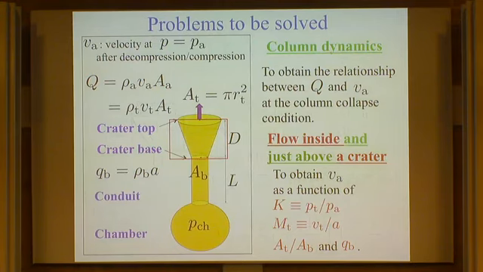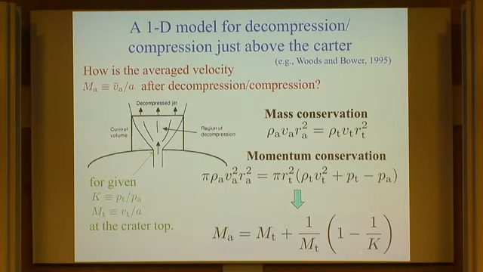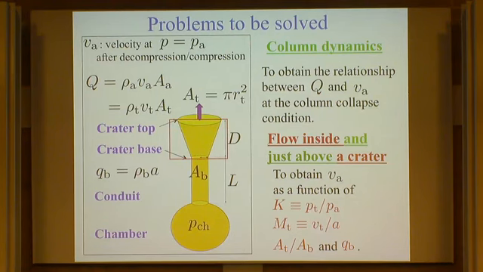So the next problem is what determines the Mach number and the pressure ratio at the crater top, like here. To get those quantities, we have to solve the flow inside the crater, the flow from here.